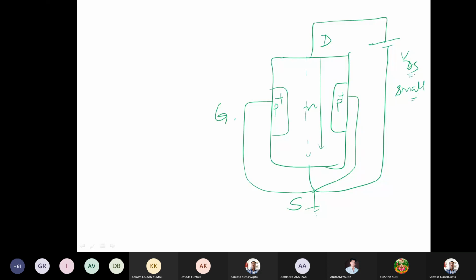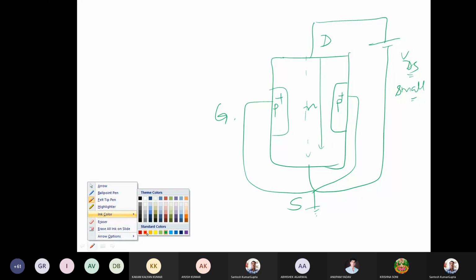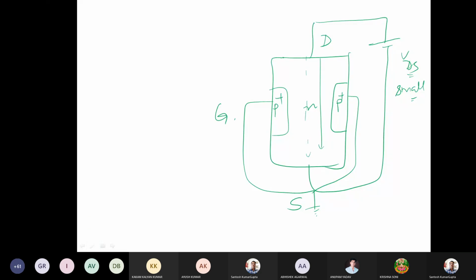As we increase VDS, we can see that this N channel region, which is semiconductor and also lightly doped, gives a significant amount of resistance.